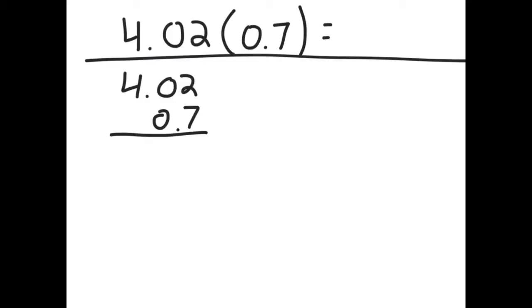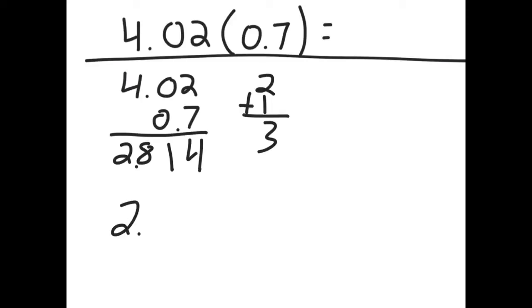To solve this problem, you would need to do 2 times 7, which would be 14, and 4 times 7, which would be 28, and then you would add up the decimal places, so 2 plus 1 would be 3, and so you move it over 3, so 1, 2, 3, and your answer would be 2.814.